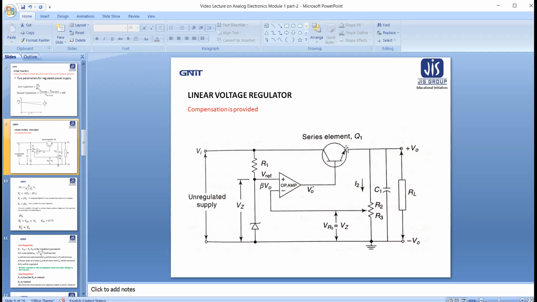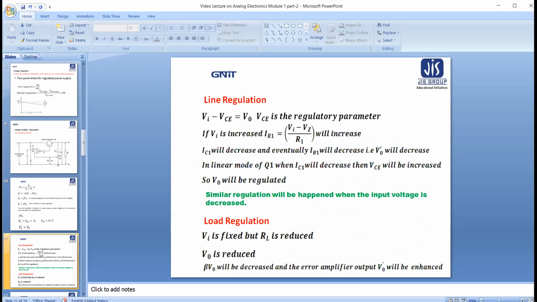Therefore, it will provide more emitter current so that it produces a larger voltage across the load resistance. Thus V0 will again be restored to its set value. Similar regulation will happen when the input voltage is decreased.